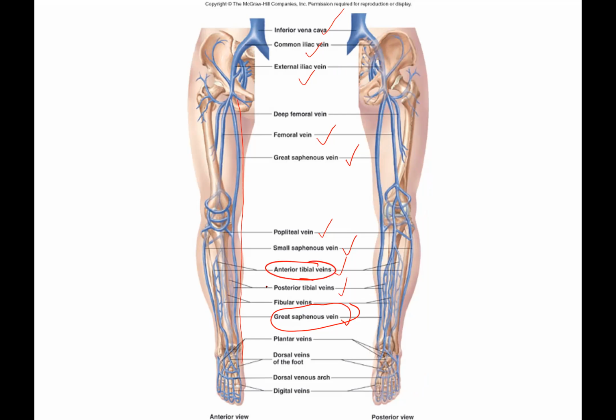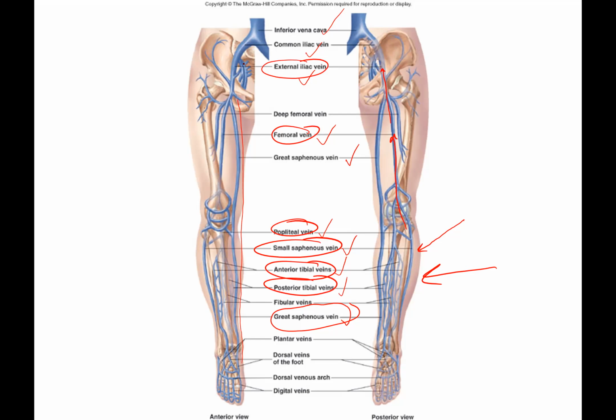So after the great saphenous vein, then you also have the anterior and posterior tibial veins. Okay. And then you have the small saphenous vein. And then the popliteal vein, back behind that popliteal fossa. This is a posterior view, by the way. Okay. Then you have the femoral vein. So the popliteal drains into the femoral vein, which eventually drains into the external iliac. Okay.